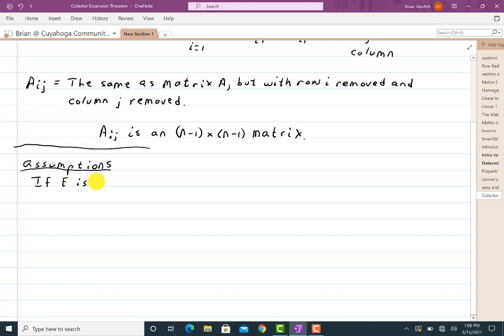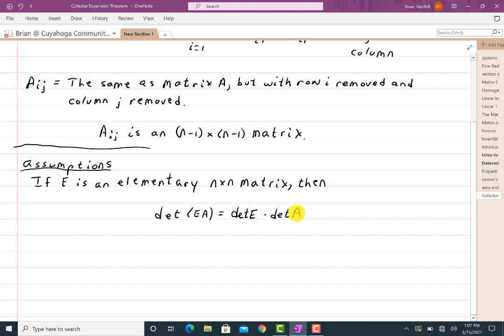If E is an elementary n by n matrix, then the determinant of EA equals the determinant of E times the determinant of A. Now, I'm not assuming that the product of determinants is the determinant of the products, but only for elementary matrices.